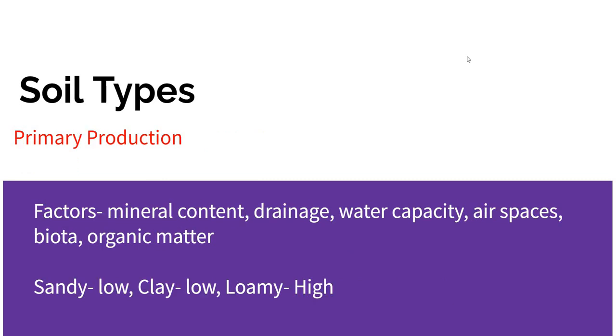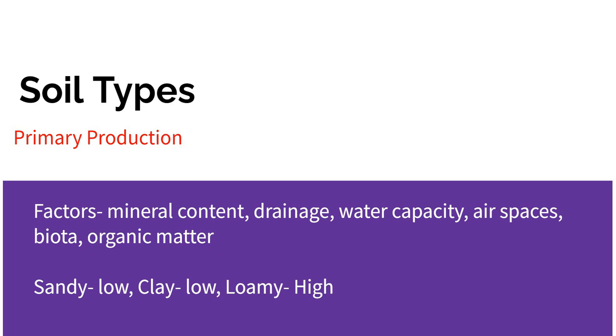Primary production. Remember, primary production means autotrophs at the photosynthetic level, plants and so forth. What are the factors that these guys would want? Well, they would want to grow in a soil that has lots of minerals, that has fairly good drainage. They wouldn't want to be waterlogged. At the same time, they would want it to contain some water.